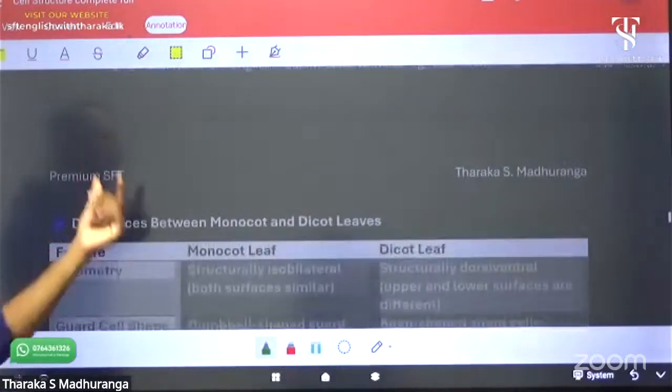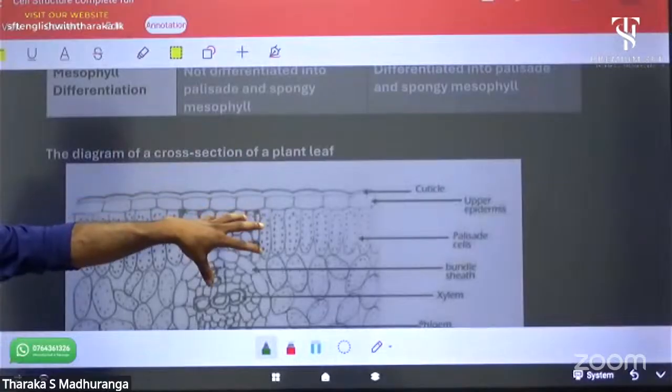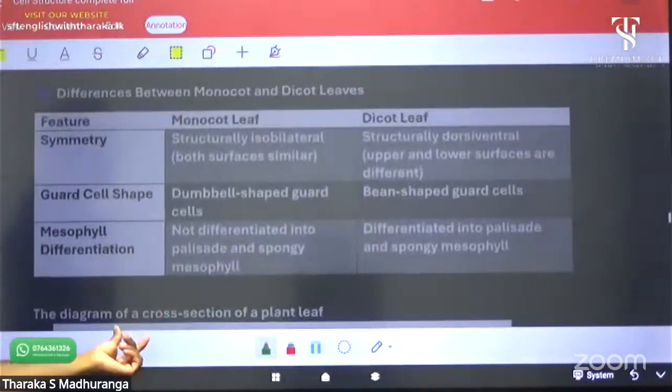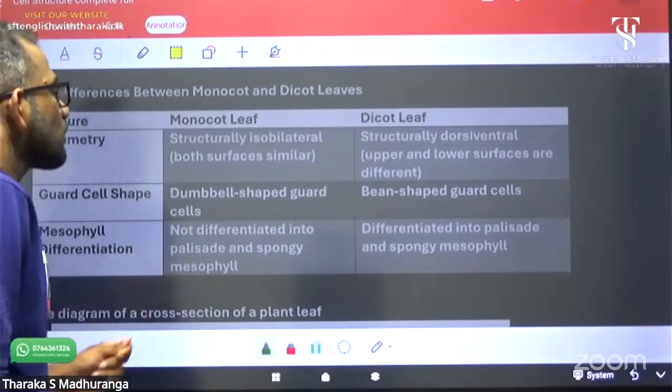But you should have some idea about their internal structure. I will explain one by one, part by part. Okay, these are the differences between the monocotyledon leaf and the dicotyledon leaf. That's a monocot leaf.